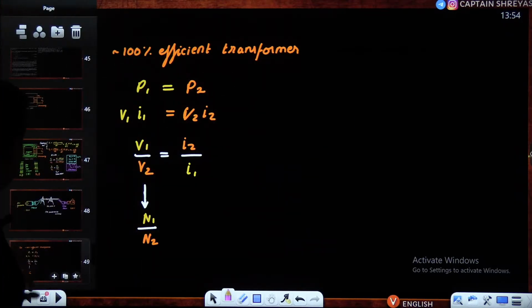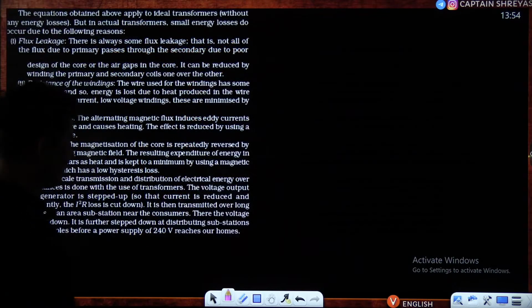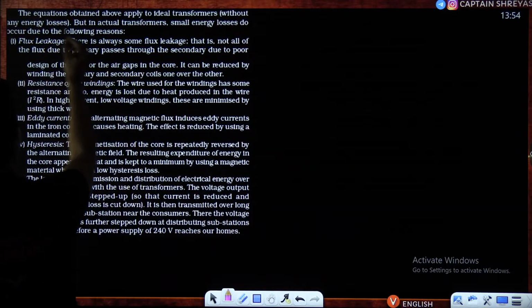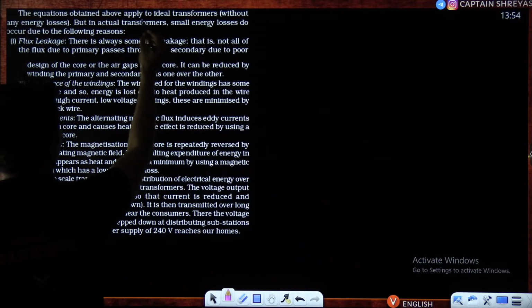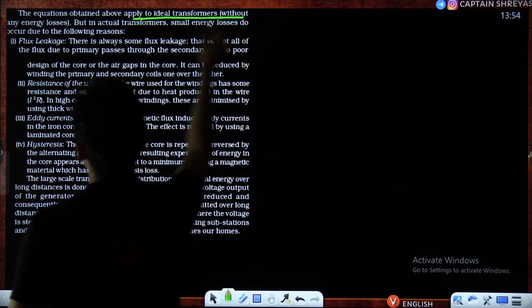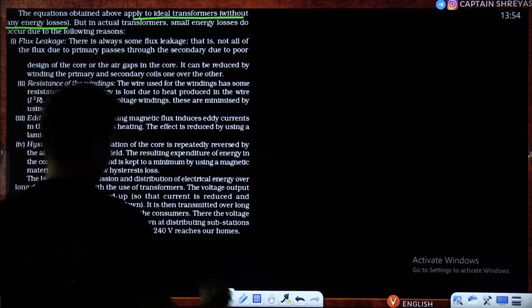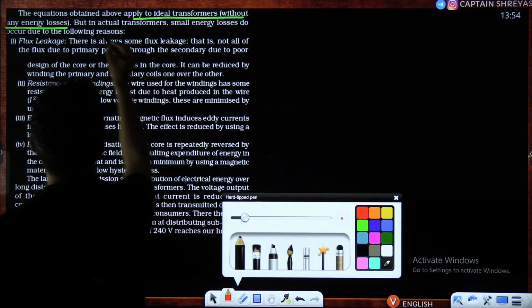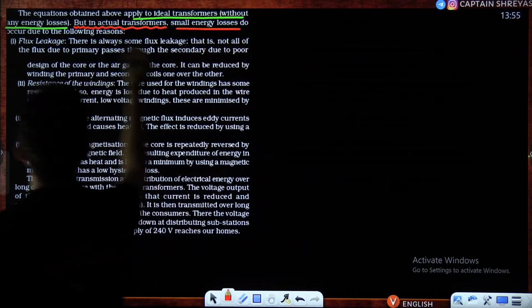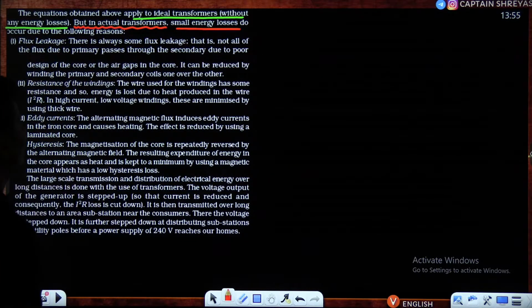But usually there are some losses which occur, and the losses are given to you on this slide. The equations obtained above are for an ideal transformer without any energy loss. But there is a but. What is that but? In actual transformers, some energy is lost due to the following reasons.